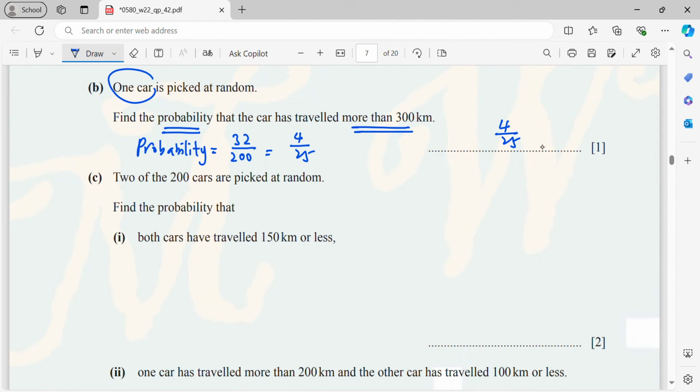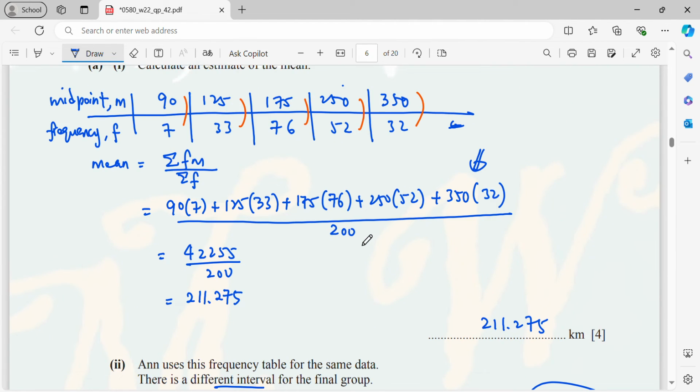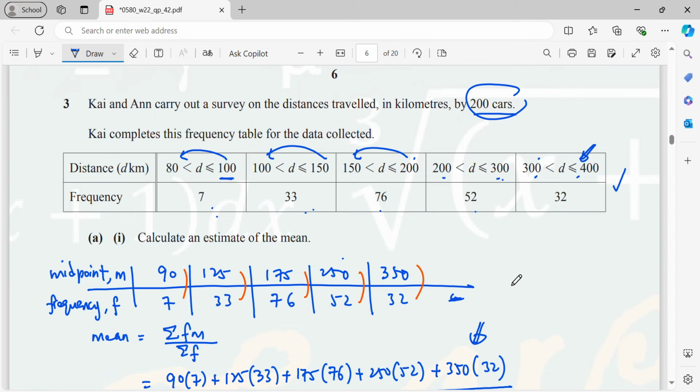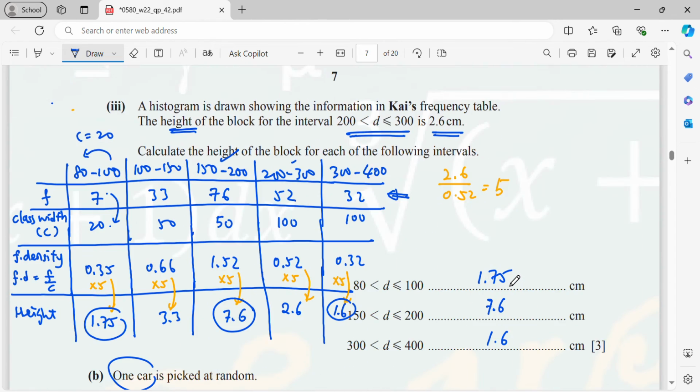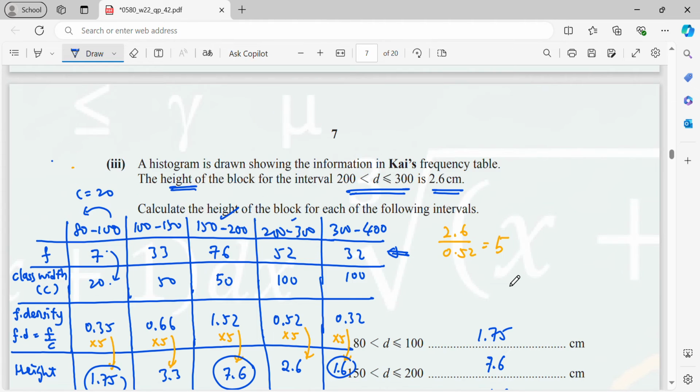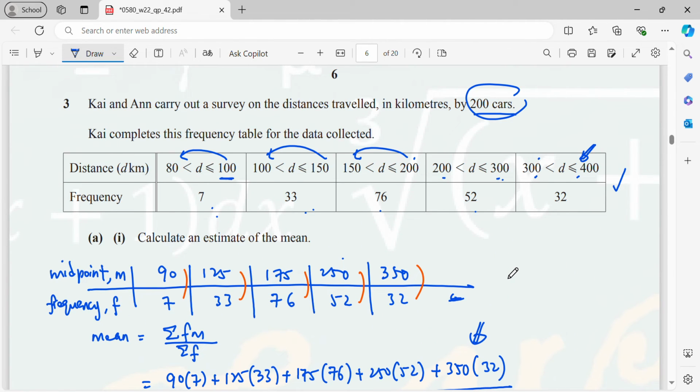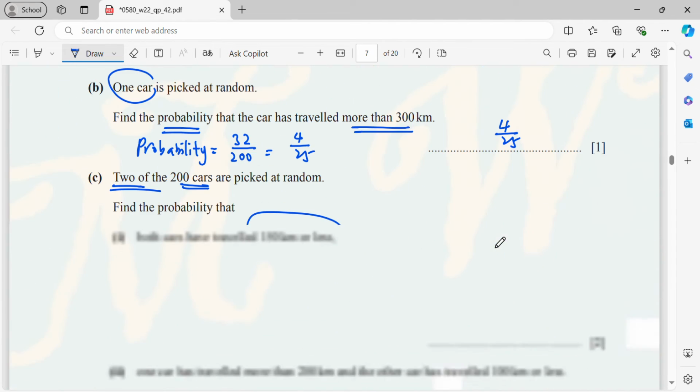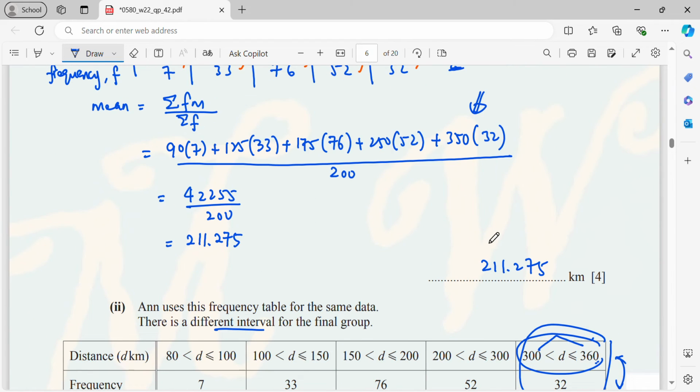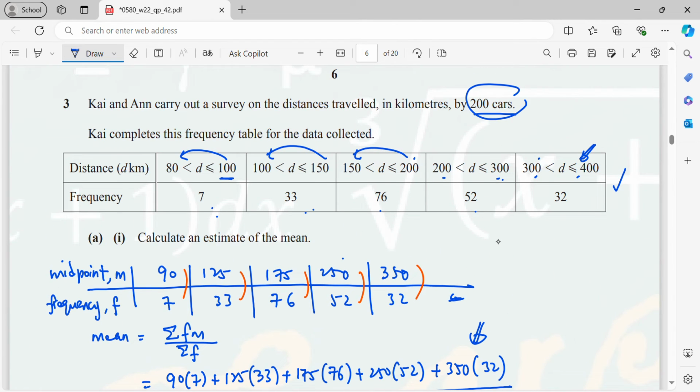Now part C. Two of the 200 cars are picked at random. Find the probability that, first part, both cars have traveled 100 kilometers or less. Okay, 150 kilometers or less means that it will be these two groups.